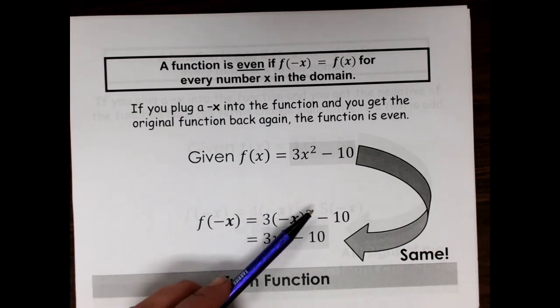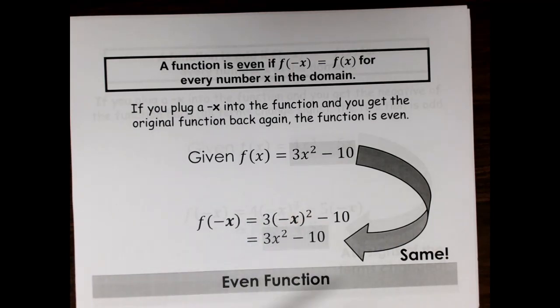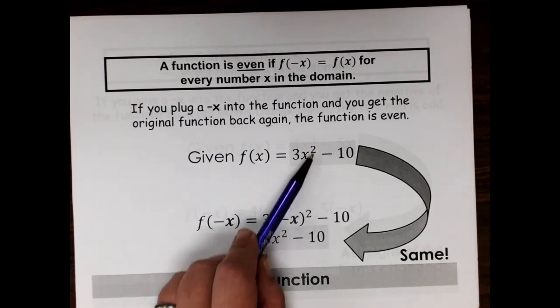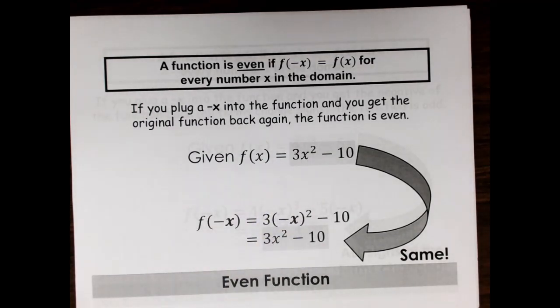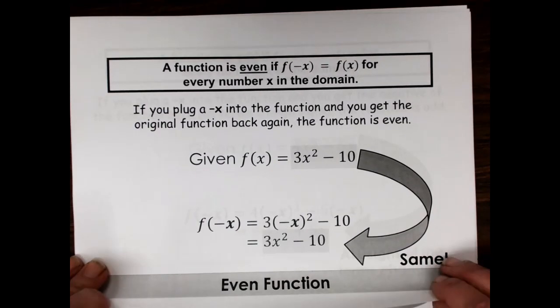And then they want us to plug in negative x instead of x, right? But as you guys know, if we take negative x times negative x, that just gives us a positive x squared. So indeed, we got our same function back, so this is an even function.